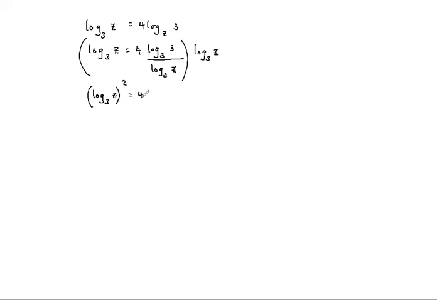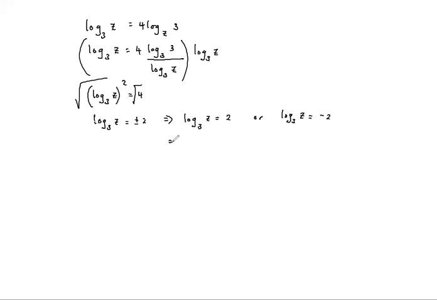This is the same as if you take the square roots, you get plus or minus 2. Because you take the square root here, take the square root there, you get log 3z is equal to plus or minus 2. Implying that we have the first option, log 3z is 2, or log 3z is negative 2.